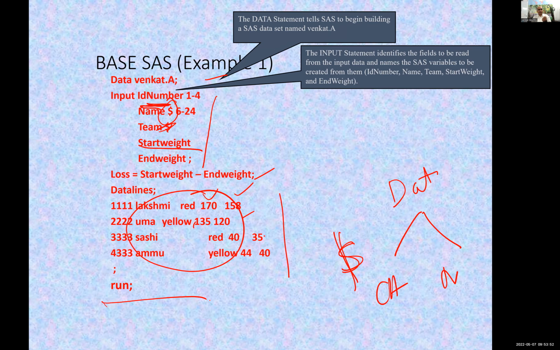Okay, the next one is the input statement. You need to specify what are the variables in my data set. If you are working with a college, what are your inputs? College contains student information: student roll number, ID. Then after that, student name, student sex, male or female, and age. Then after that, marks, first semester marks, second semester, third, all these things, this is information.